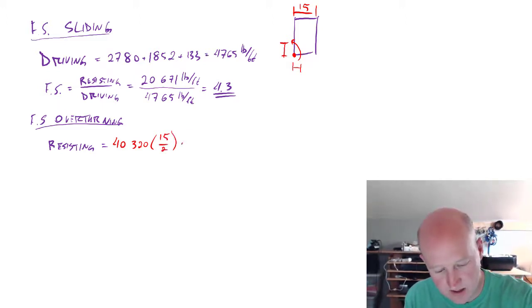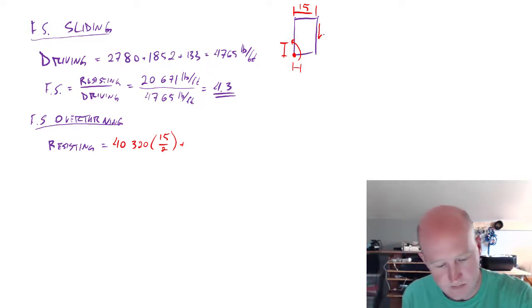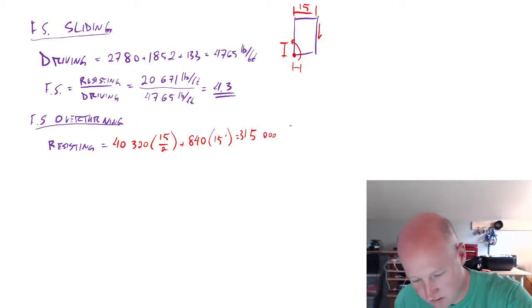And then we've got all the frictional resistance at the back of the footing. So that was 840 times 15 feet. Okay, and so if we do that calculation, it's 315,000 pound-feet of moment per foot of wall.